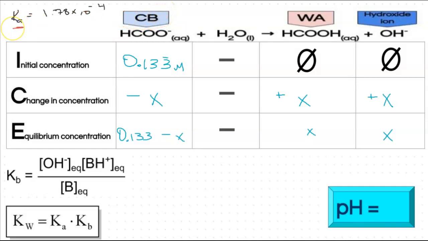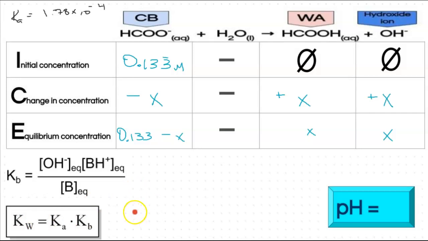But the Ka of my acid is related to the conjugate base. Two ways you can look at this. The Ka of your weak acid times the Kb of its conjugate base is equal to Kw, which is 1 times 10 to the negative 14th. That's your ionization constant for water.